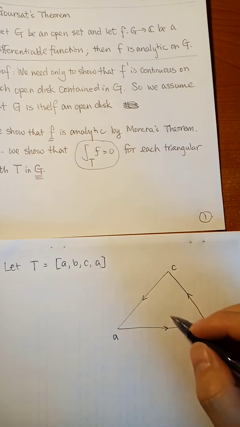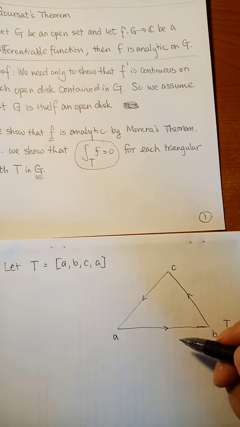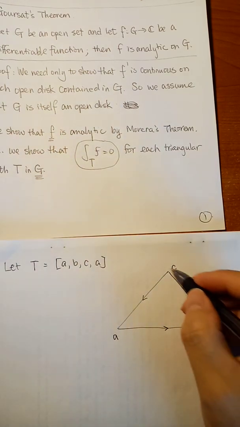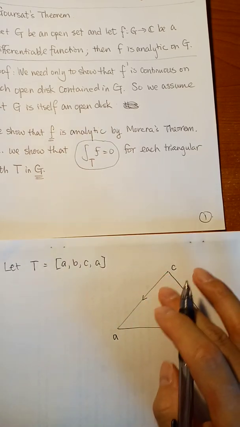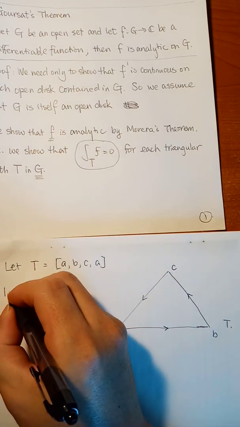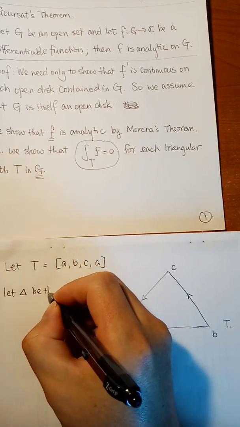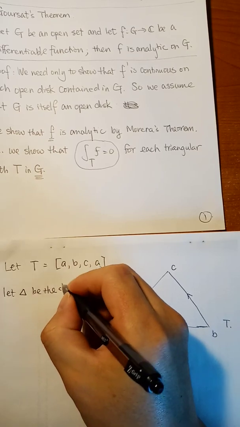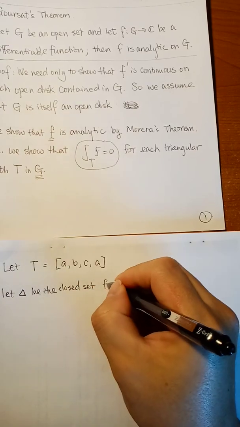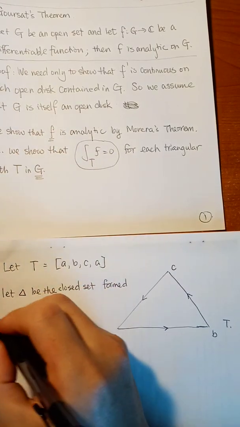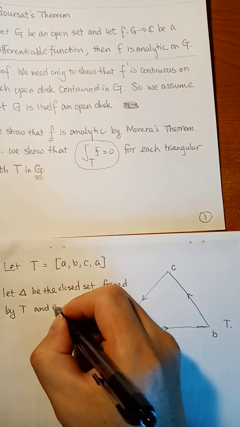Okay, so we have this triangular path, and this triangular path together with its inside forms a triangle region. Let delta be the closed set formed by T and its inside.